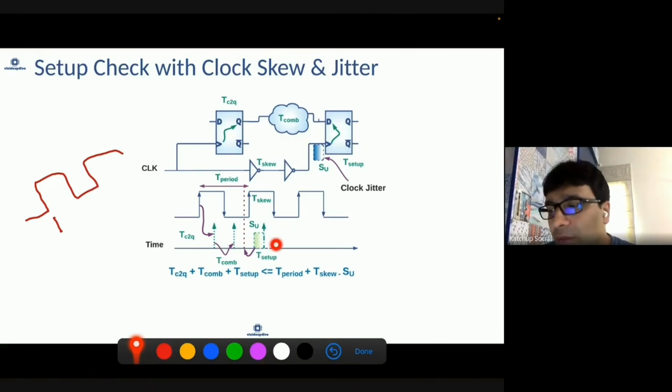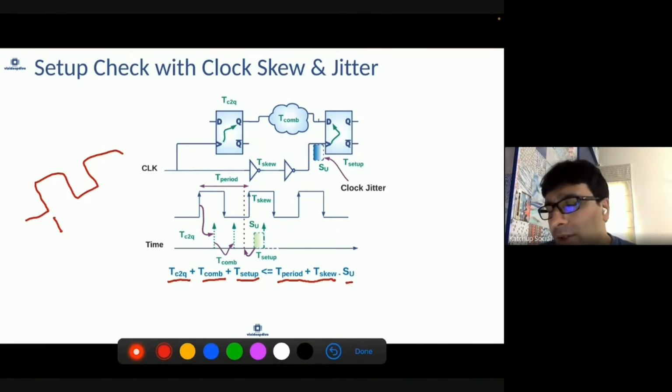To make it pessimistic for setup timing, we make the edge come earlier so that the timing becomes stricter, and our equation changes to: clock to Q delay plus combinational logic delay plus T setup should be less than or equal to T period plus T skew minus setup uncertainty.